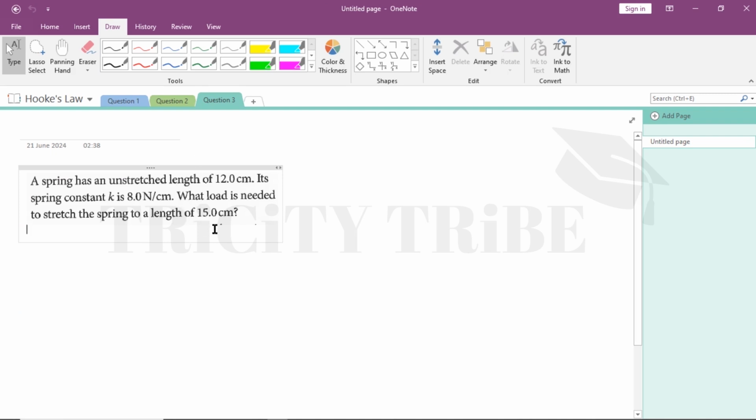Now in this question here we have this. It says a spring has an outstretched length of what, 12 centimeter, right? Its spring constant is 8 Newton per centimeter. What load is needed to stretch the spring to a length of what, 15 centimeter? Okay, now outstretched length is what?